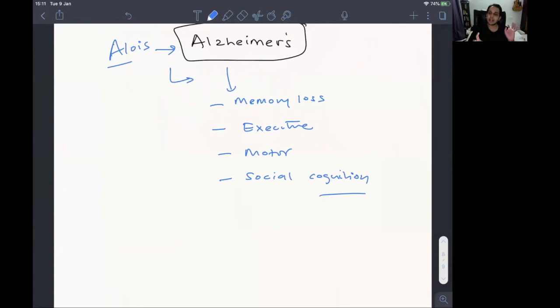So something may start off with just memory loss, but then eventually there will be executive dysfunction and then loss of attention. Something may start off with executive dysfunction and then eventually there'll be loss of memory, there'll be loss of language. So all these different sorts of dementias are just classified on the basis of where they start from. But eventually they all look the same. So after 15 years, all dementias kind of look the same.